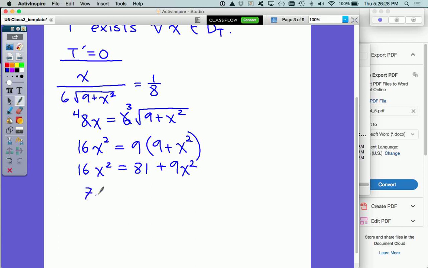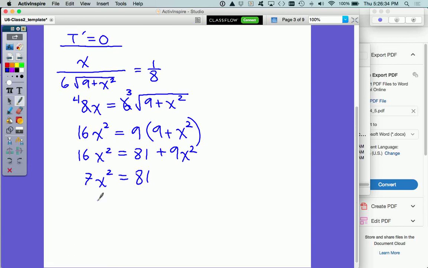So 7x squared equals 81. So x squared equals 81 over 7, which gives me x equals plus or minus, the square root of 81 is 9 over the square root of 7.